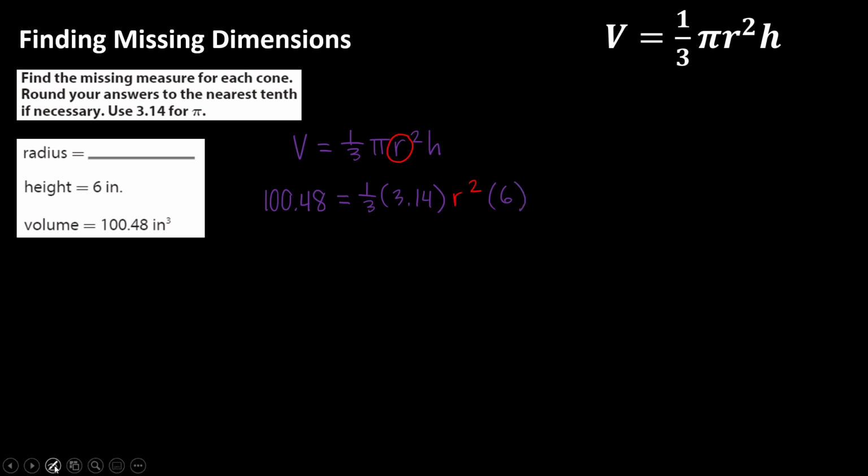So let's go through, since we need to solve for r, the first thing I would do is multiply all of the terms we can. So that means we are going to be multiplying 1/3, 3.14, and 6 together. And when you multiply 1/3 by 3.14 and 6, you get a product of 6.28.